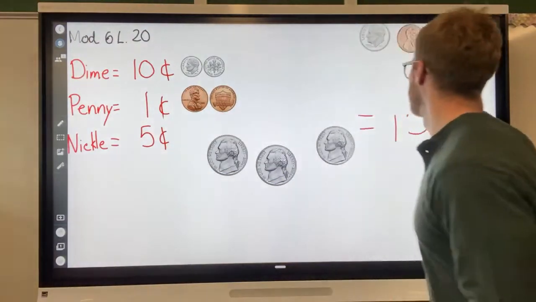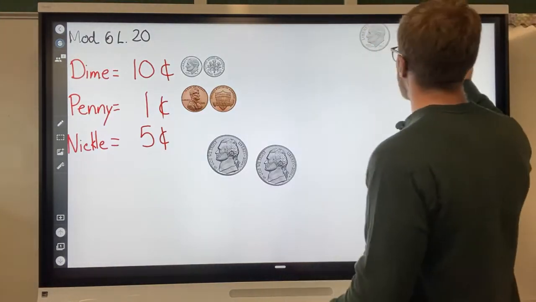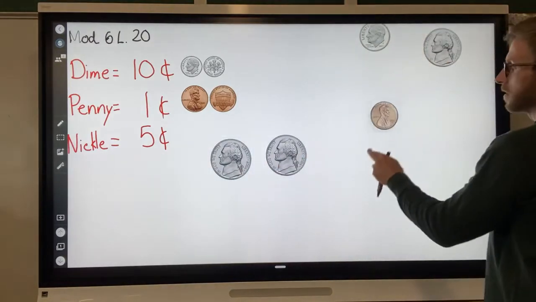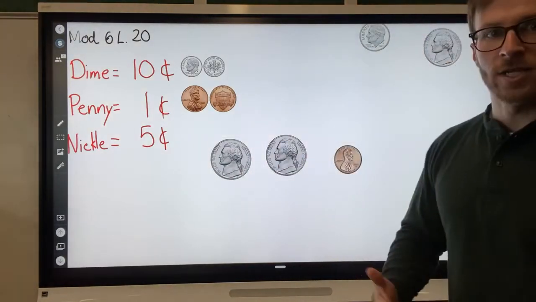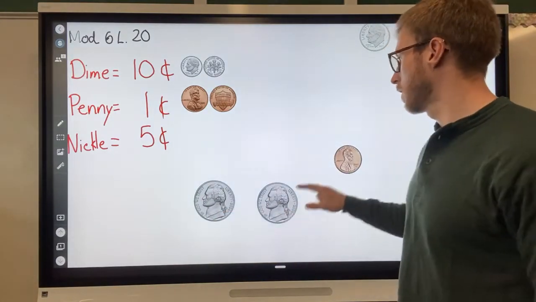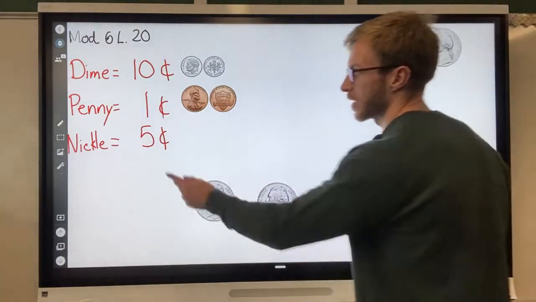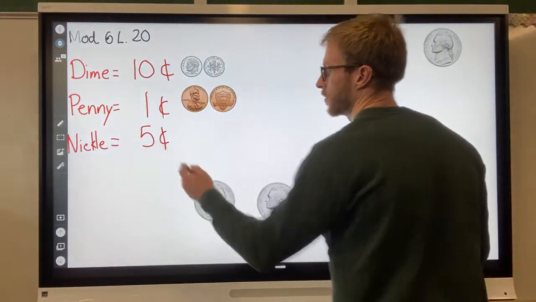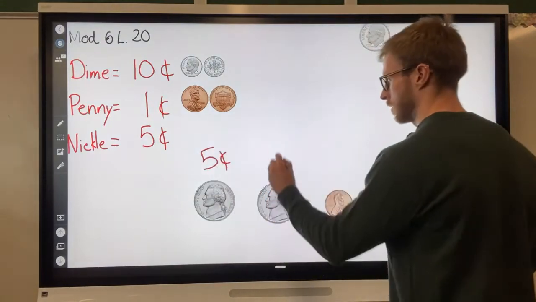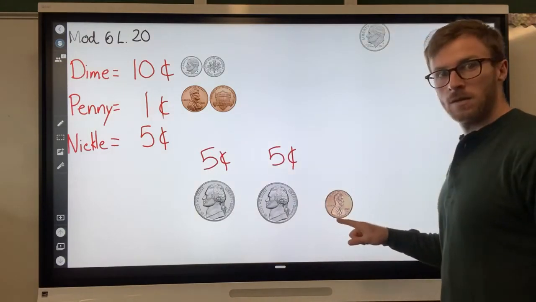But how about this? If I have 2 nickels and a penny, how much change do I have? Well, let's look up here. How much is a nickel worth again? Nickel is 5 cents. So we have 5 cents. This is 5 cents. Is this 5 cents?